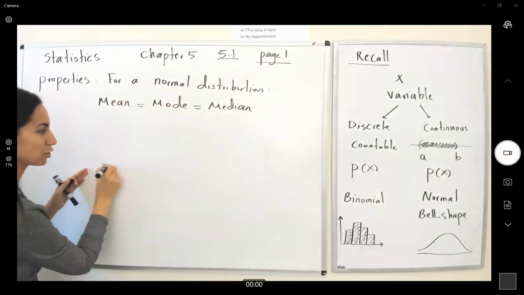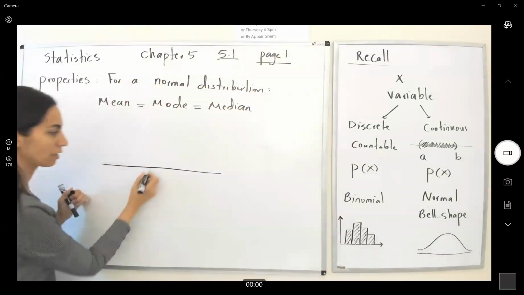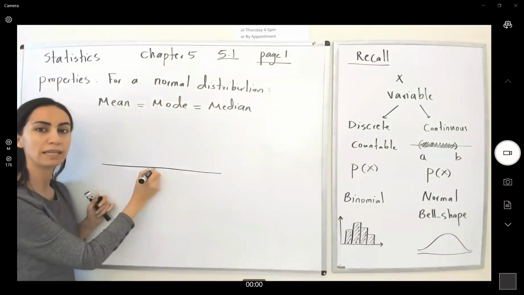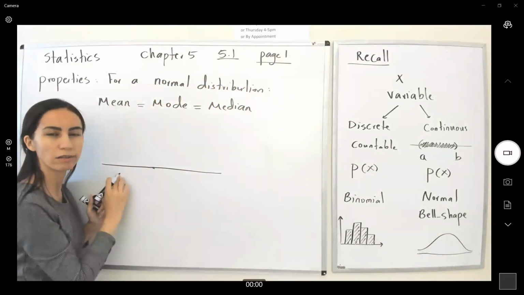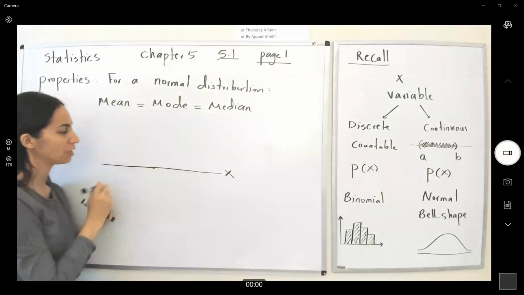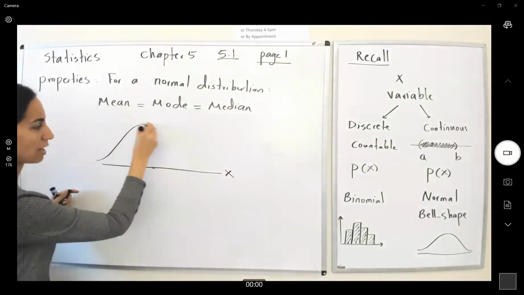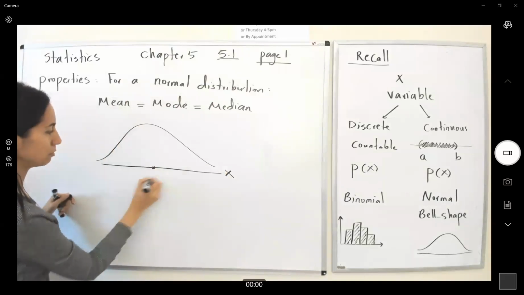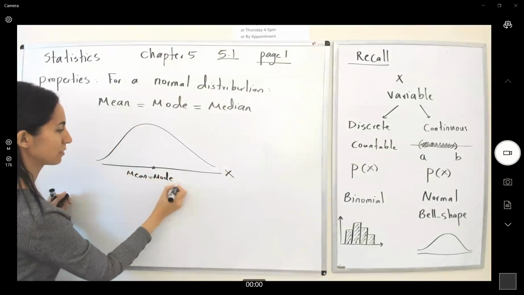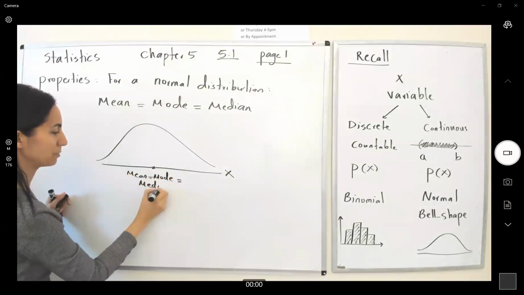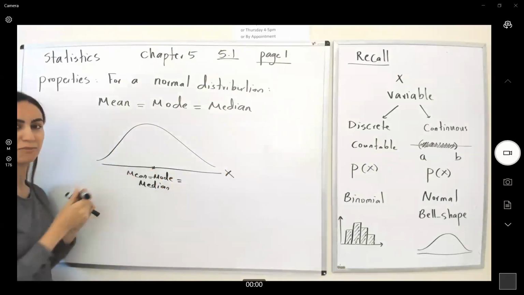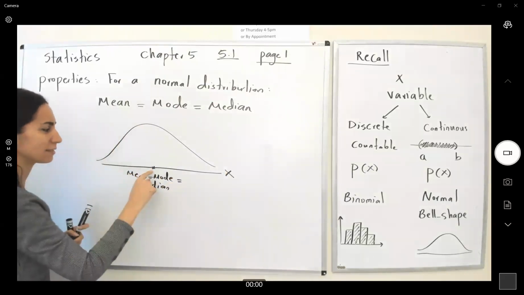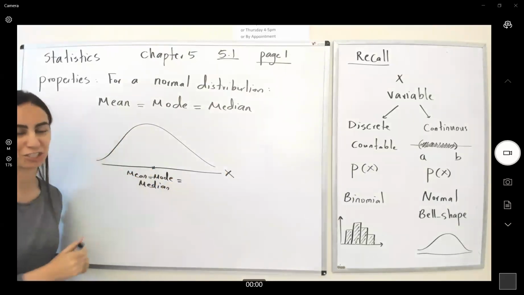Remember that when we're talking about the graph, mean, mode, and median, they are all numbers on the horizontal axis. So suppose you have your bell-shaped graph. Mean is equal to mode is equal to the median. All of them are located on horizontal axis and they are exactly here.